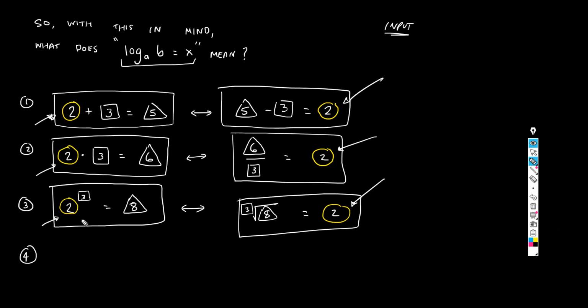Now, what if, same idea, let's take the number 2 as my input. But now, instead of having the number 2 as the base of an exponential operation, which is a number elevated to another number, I'm gonna flip them.